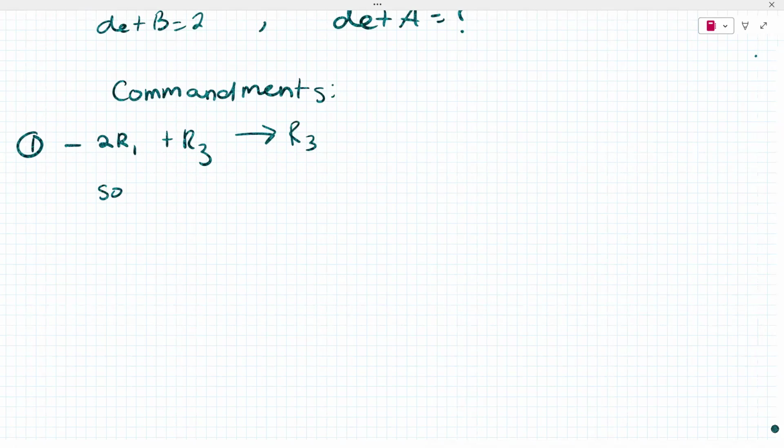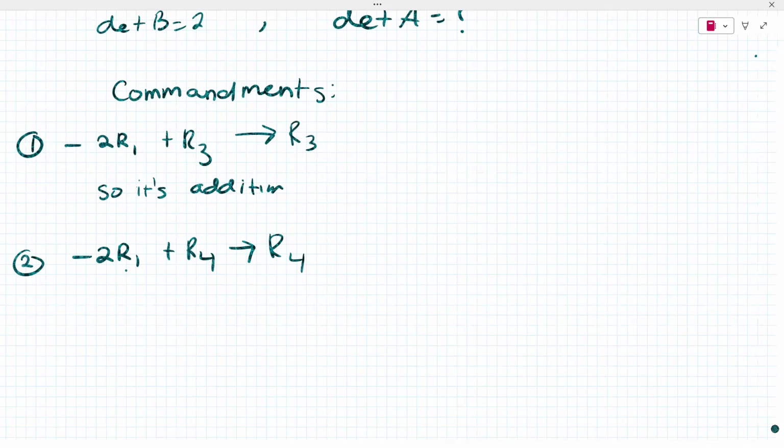So it doesn't change. Second commandment was -2 row 1 plus row 4 gave me a new row 4. So it's also a scalar, and the scalar is related to row 1, and our new output was row 4. They're not the same. So it's just addition. Doesn't change anything.